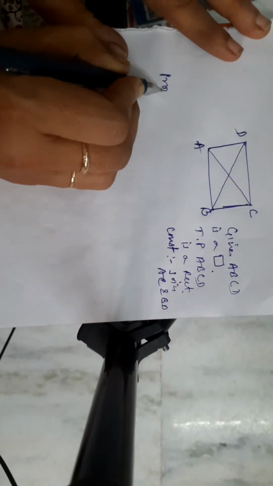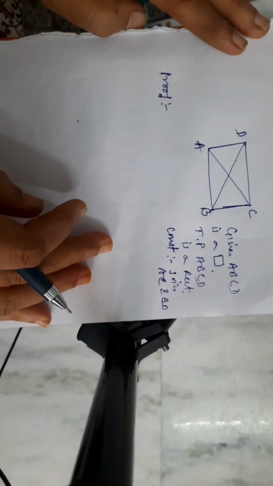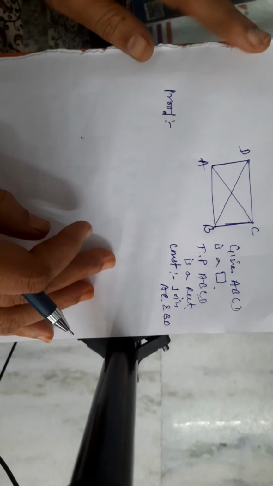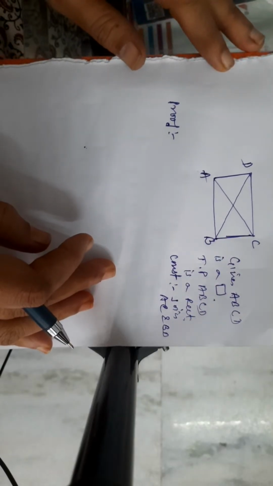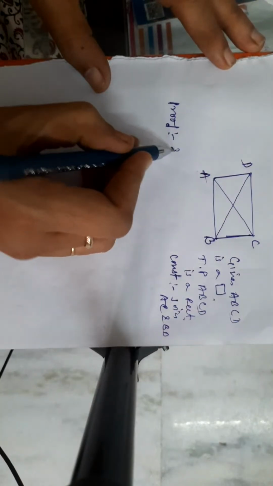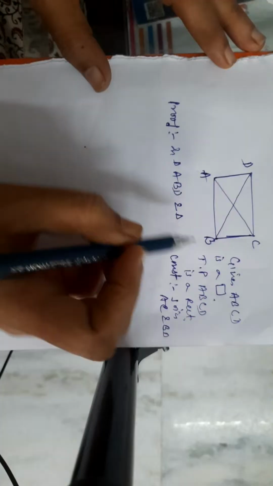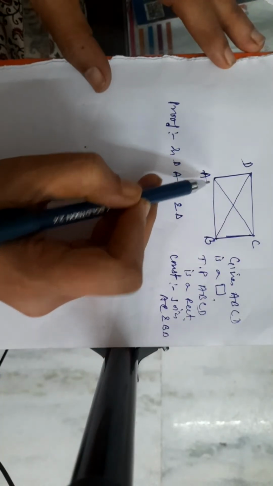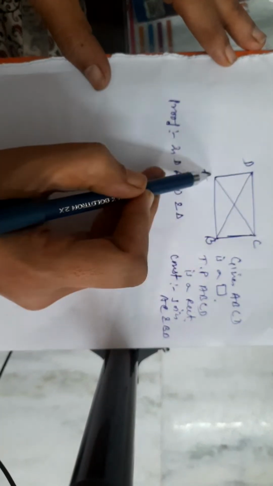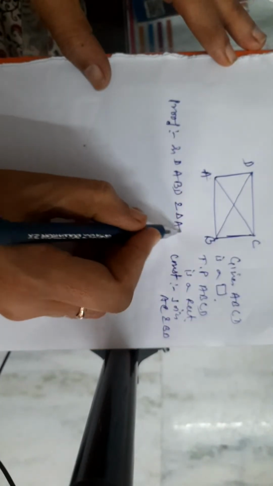Now in the proof, we'll consider two triangles. Earlier, in the 7th chapter, you did the similarity of triangles. The same property we are going to use here. Here two triangles are there: triangle ABD and triangle ABC.